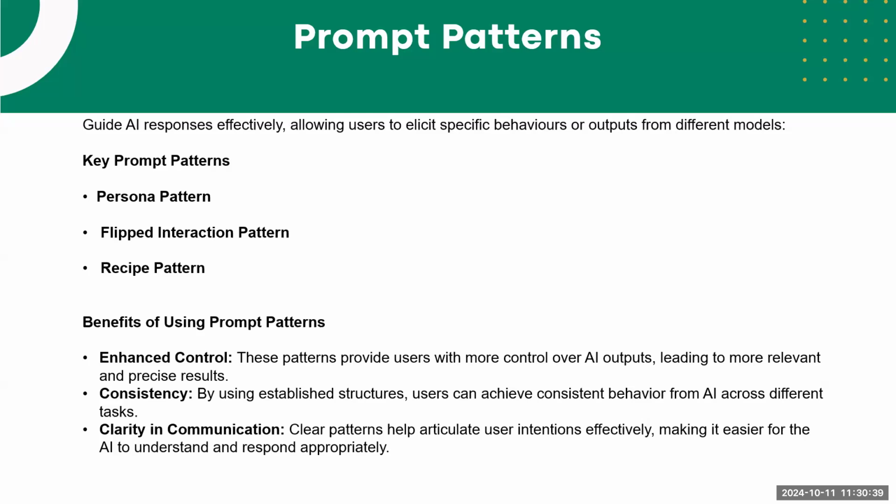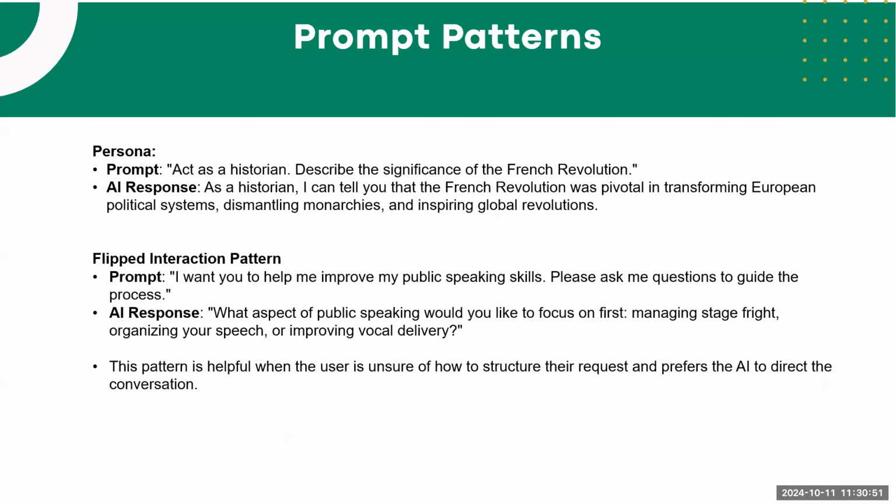Like I said, it's more consistent, and just makes it easier for you to understand how to structure your particular prompt. So if we look at an example of the persona prompt, it basically acted like a historian and described the significance. So we're telling the AI you are a historian, and then giving it the task.